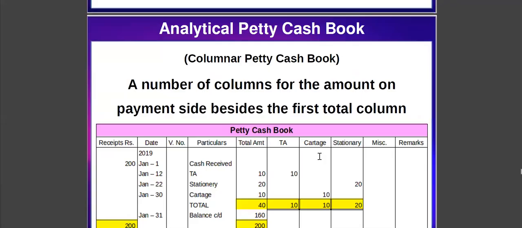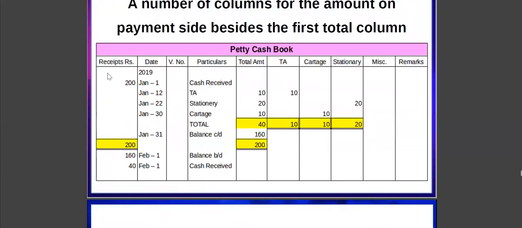Analytical petty cash book: a number of columns for the amount of payment besides the first total column. See this, the receipts column alone is debit side. Here we start with our balance.